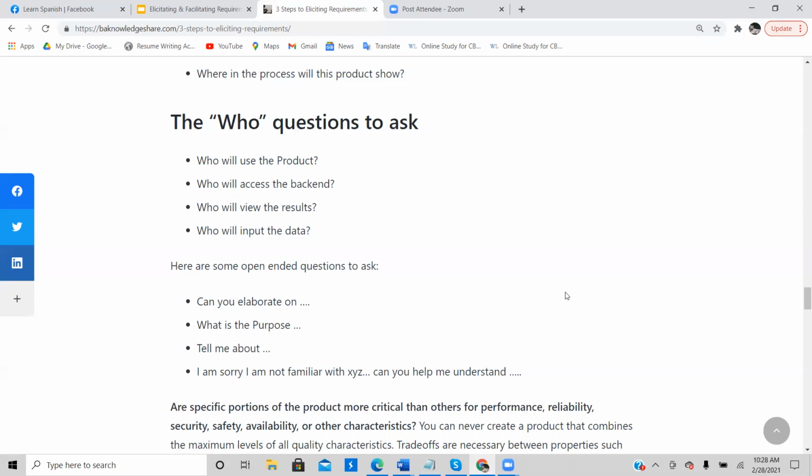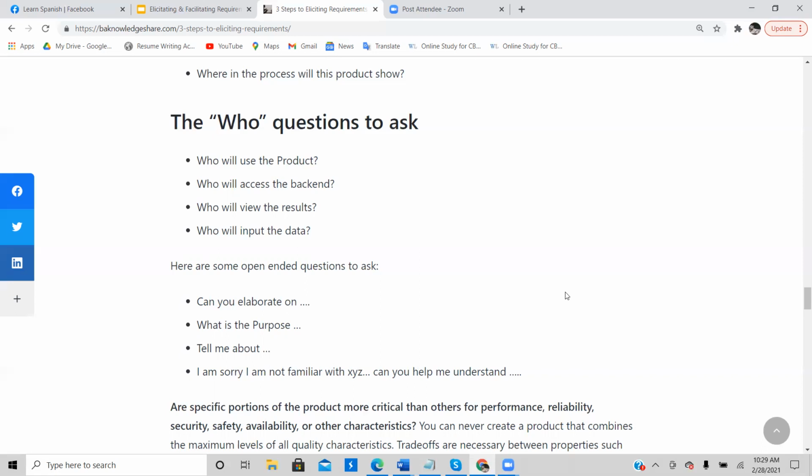What is the purpose of doing something, right? Another one is, tell me about this process. Another one you could use is, as a BA, you may not be familiar with everything, right? And that's not your job. You're there to do the critical thinking, make sure you gather the requirements. So you can always say, I'm sorry, I'm not familiar with XYZ.